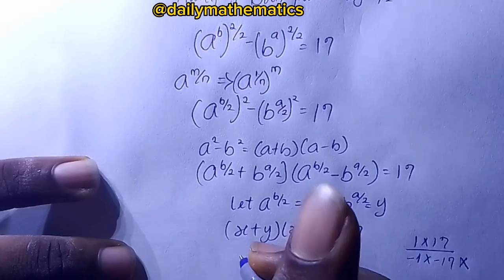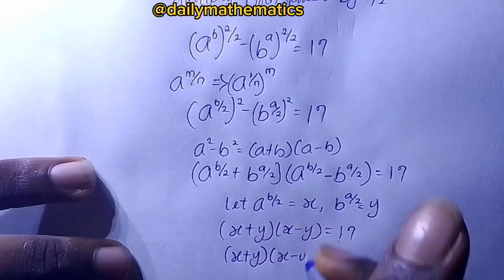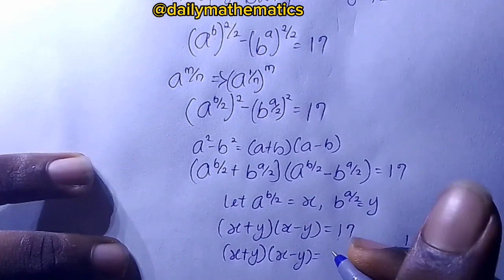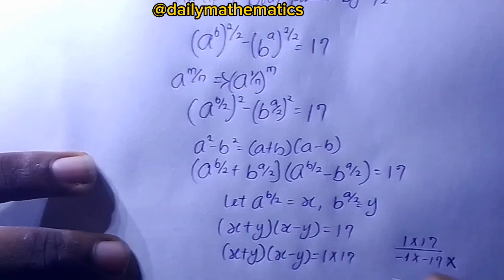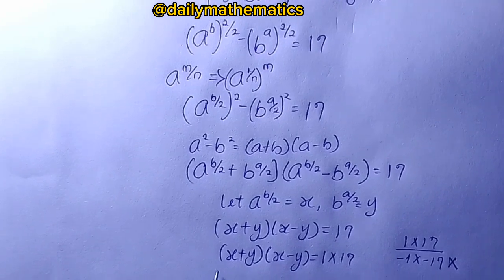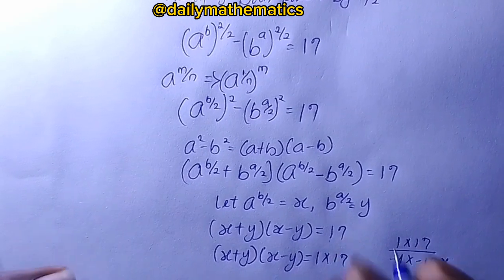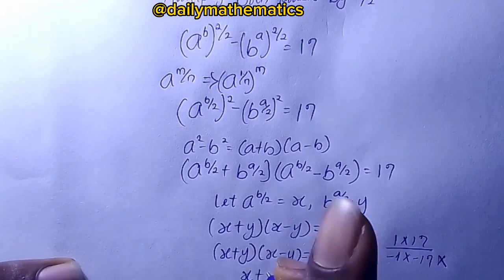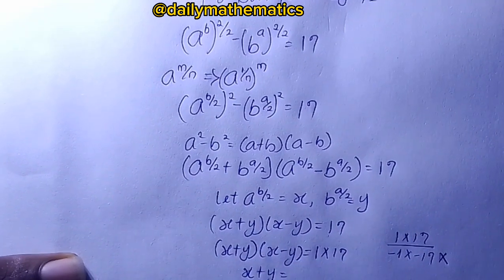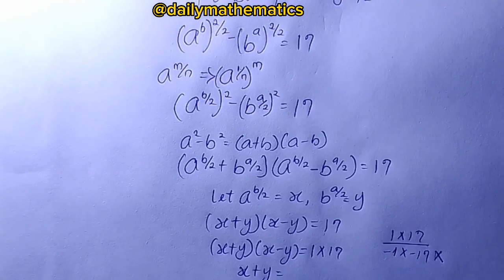So from here we have x plus y bracket x minus y equals 1 times 17, right? Yeah, so we're going to equate each bracket to a factor of 17. And how do we do that? So x plus y is going to be greater than x minus y.